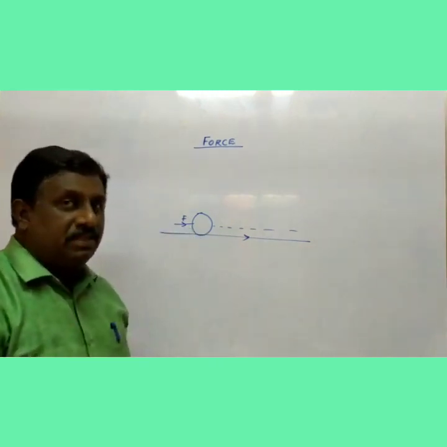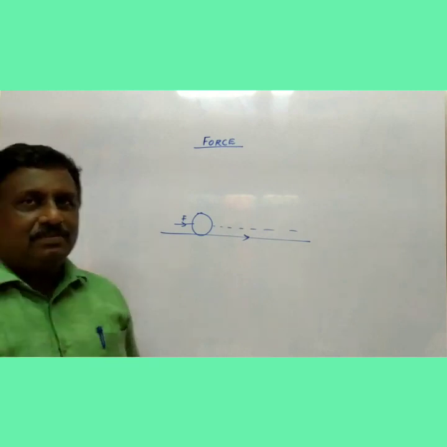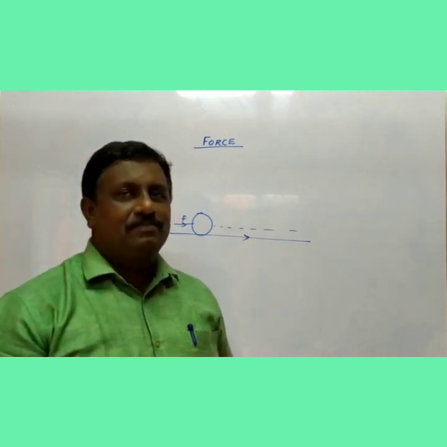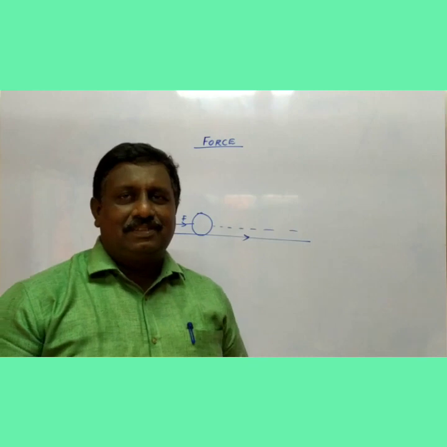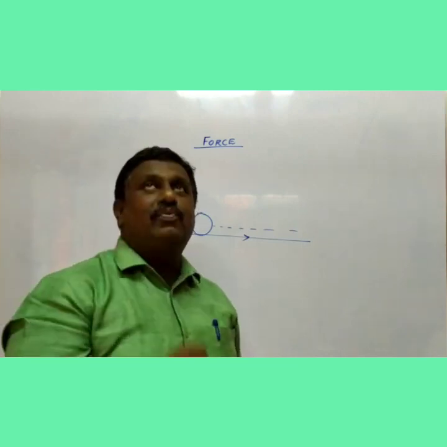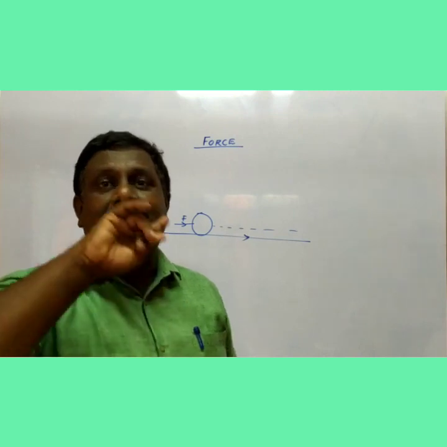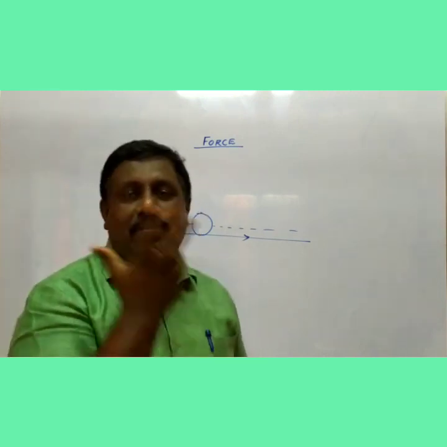And similarly, suppose you are sitting in your room and watching this video. Definitely the fan is rotating there. Is it? Yes. Then the motion of that fan, we can say that is rotational motion. That means the fan is rotating.